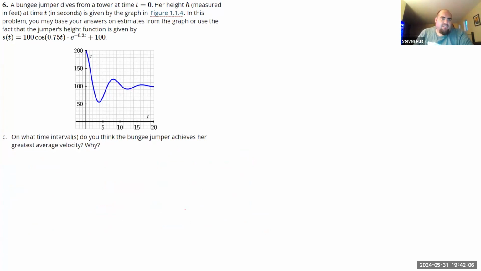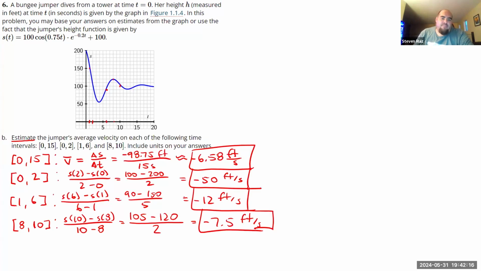The other interpretation of this question, what's her greatest average speed, or the greatest magnitude or greatest absolute value of her average velocity, that is going to come from the interval from 0 to 2. So where she's moving downward, but her average velocity was 50 feet per second.